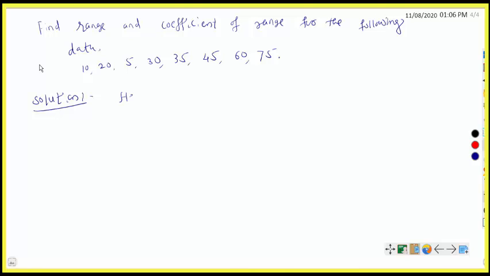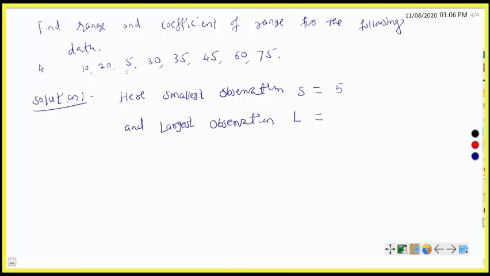Here the smallest observation S is equal to, what is the smallest observation? Here 10, 25, 30, 35, 45, 60 and 75. Smallest among all these is 5 and the largest observation L is equal to 75.